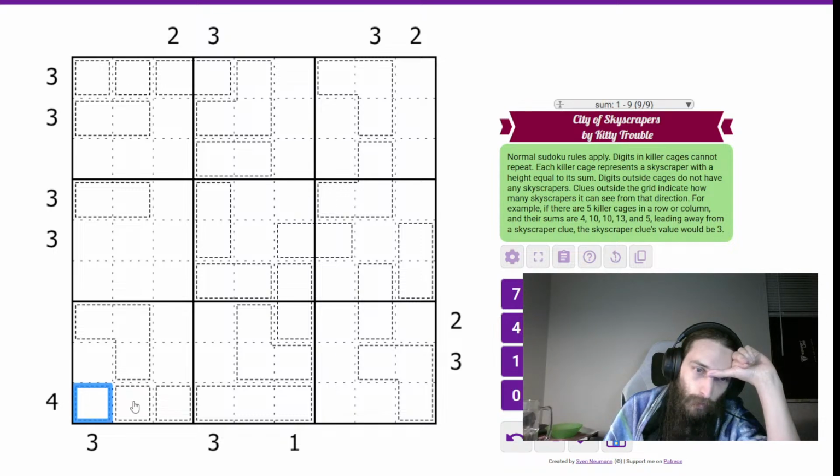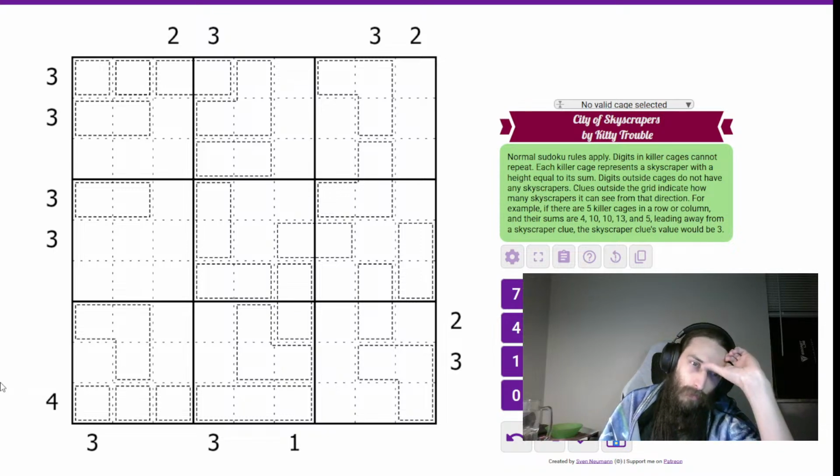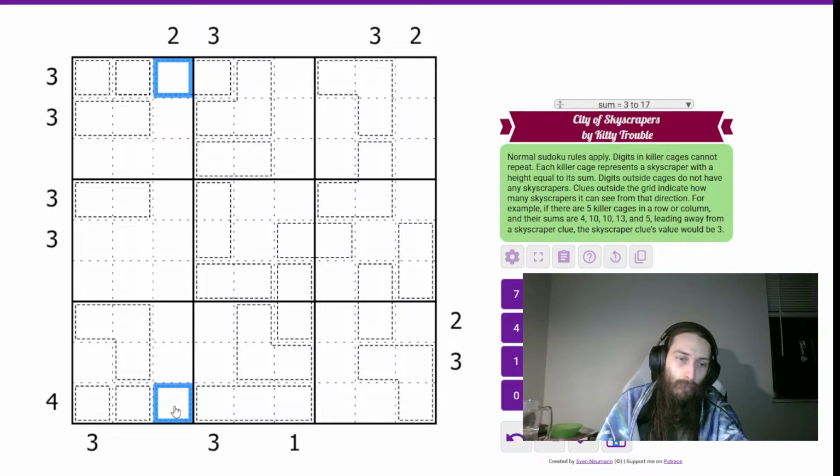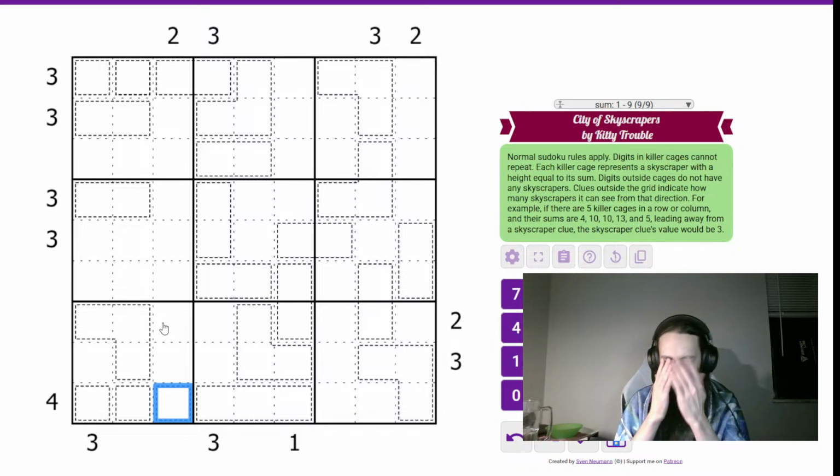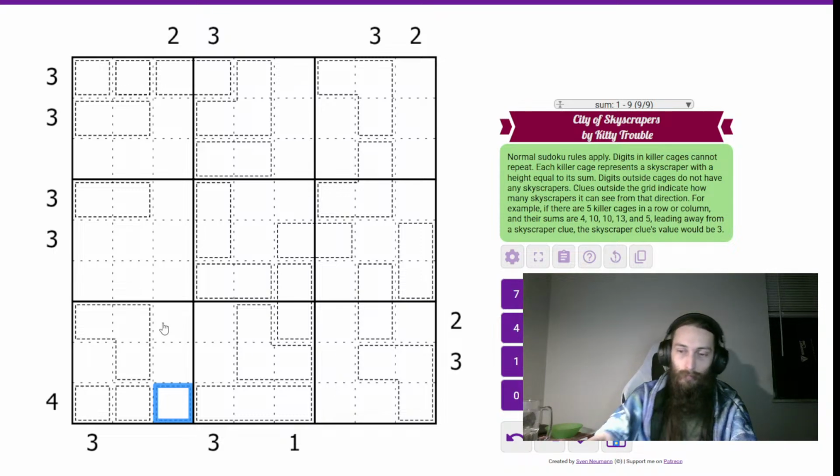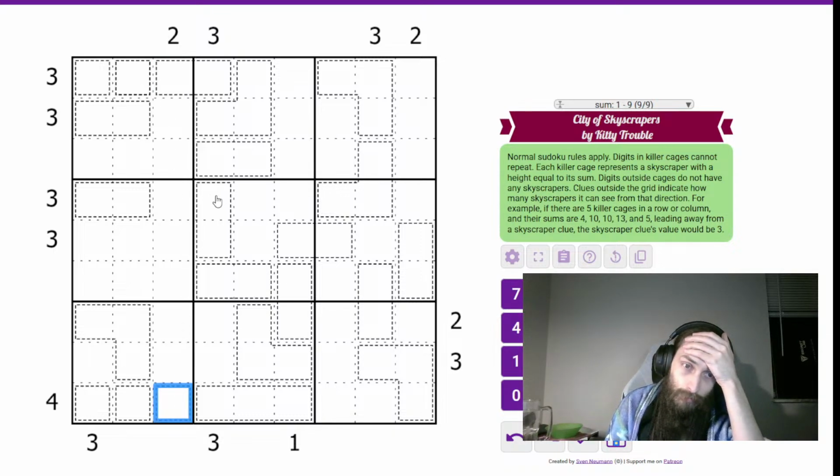So this is smaller than this, which is smaller than this, which is smaller than that. But then this one could be larger and make one of these invisible. Right. Okay, this one sees both. That's not very helpful, but we know it sees both.